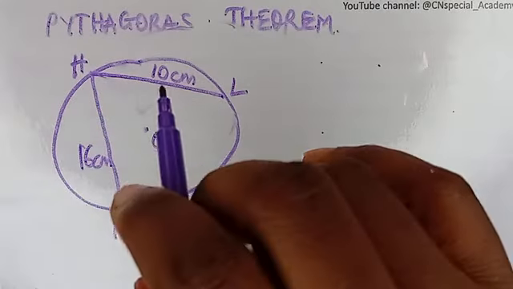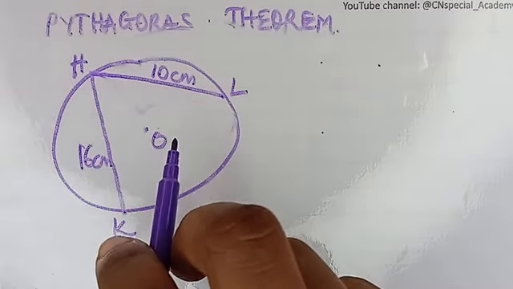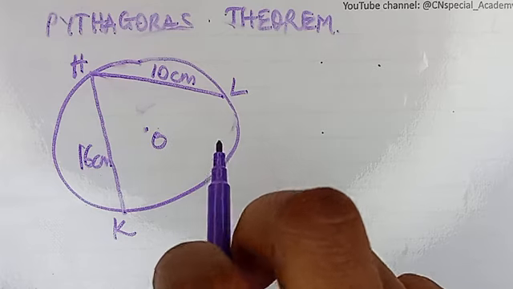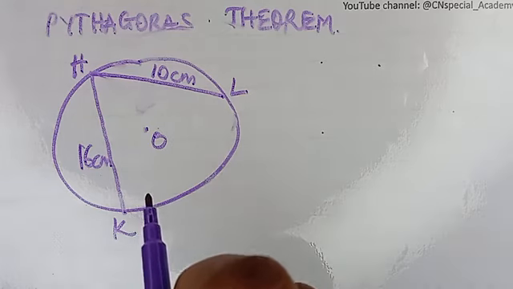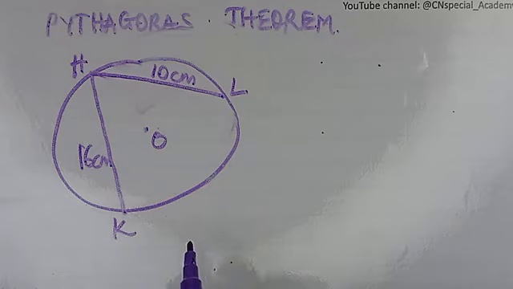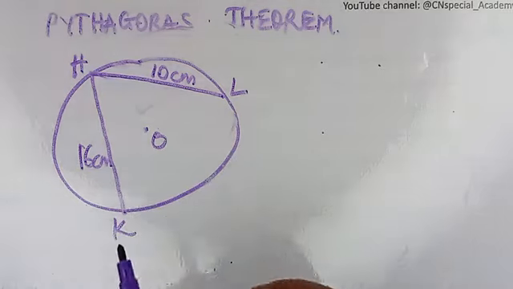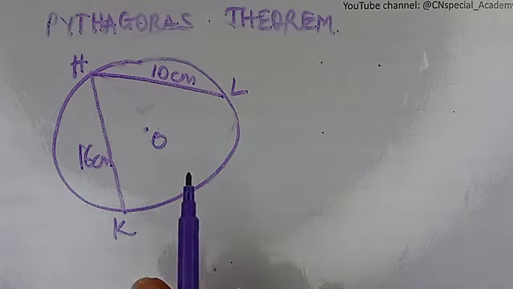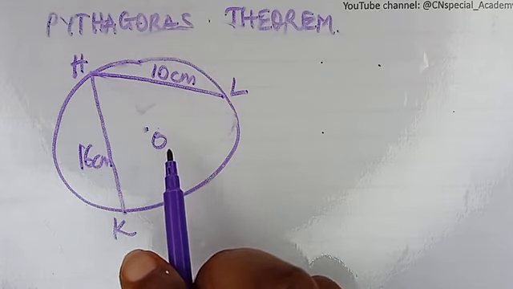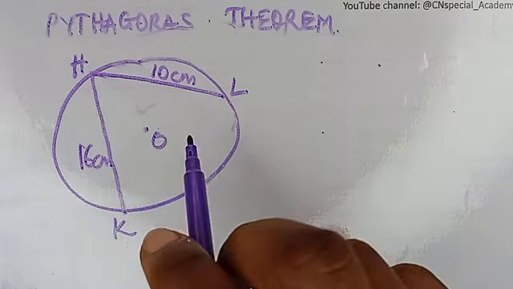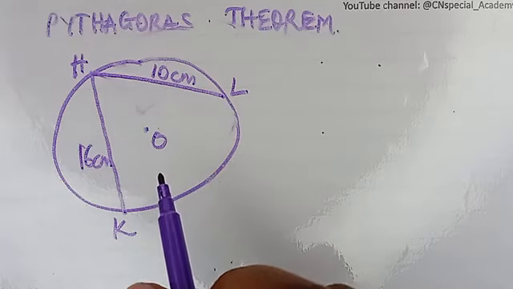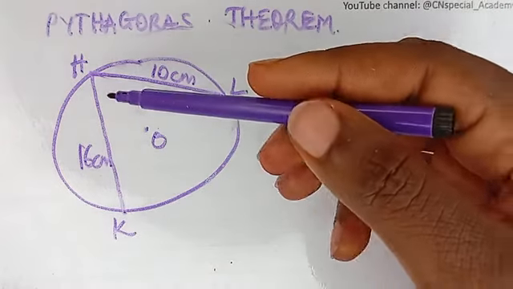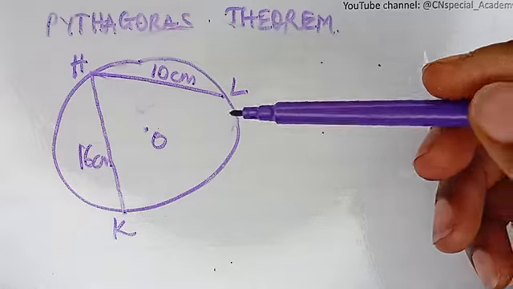Now we've used Pythagoras theorem that was originally made for triangles to solve a quadrilateral, the rhombus. Now we are going to use it to solve a problem inside a circle. O is the center of the circle HKL, the line HK is 16 cm, and HL is 10 cm.